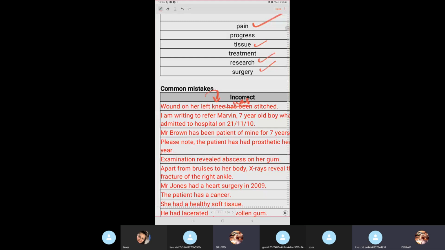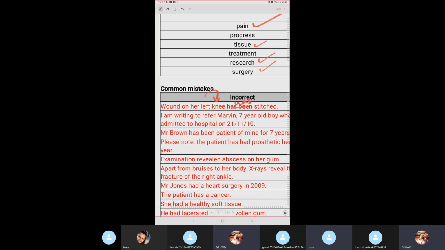Yes, Dr. Zona. How would you correct this? Wound on her left knee was stitched. No, has been is incorrect because we have to mention. These are correct. Both of these are correct, but there is still a mistake. Yes, Dr. Zona. How would you correct it?